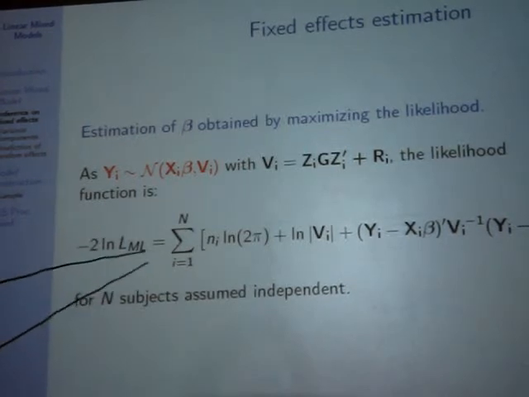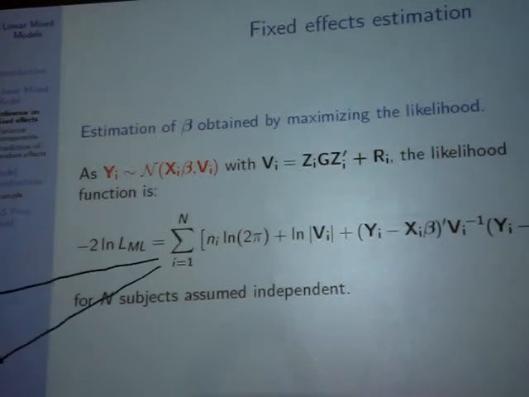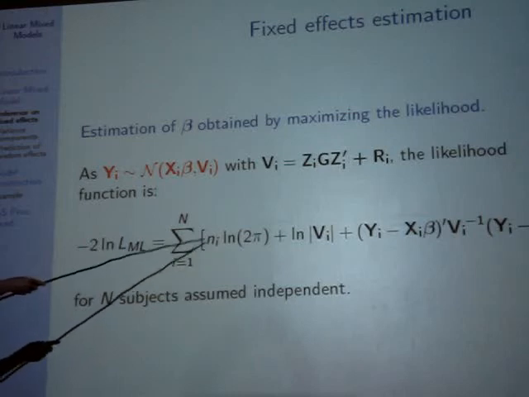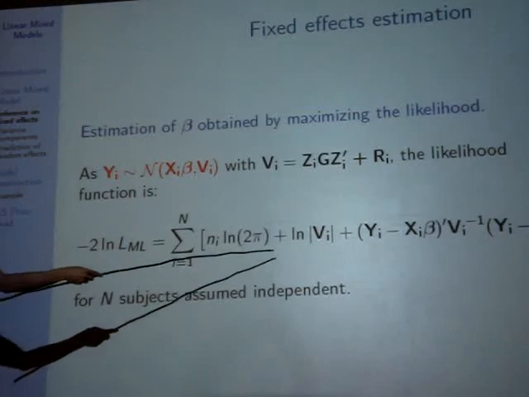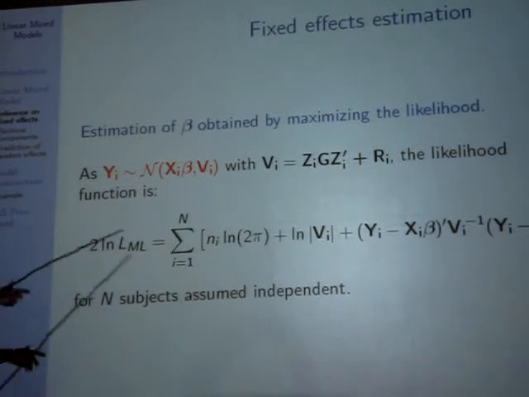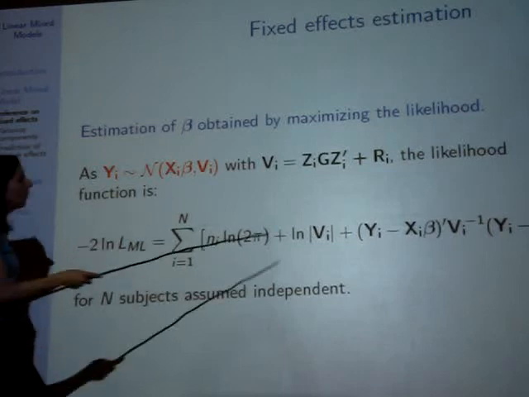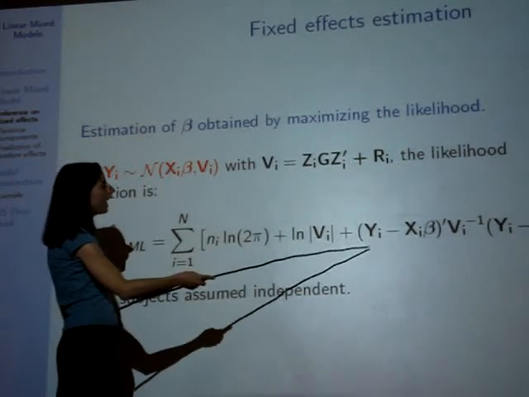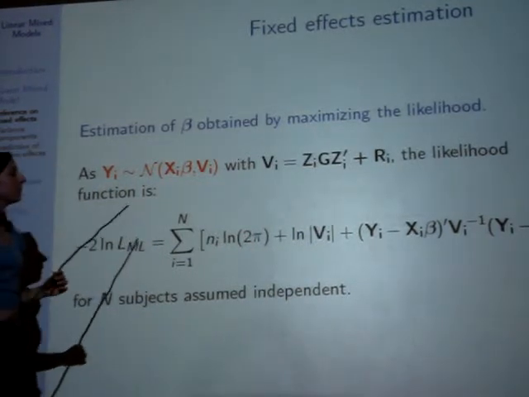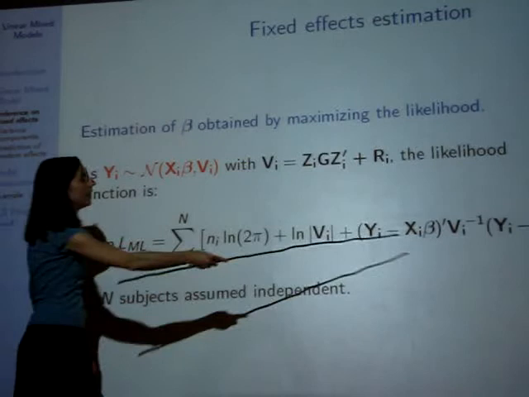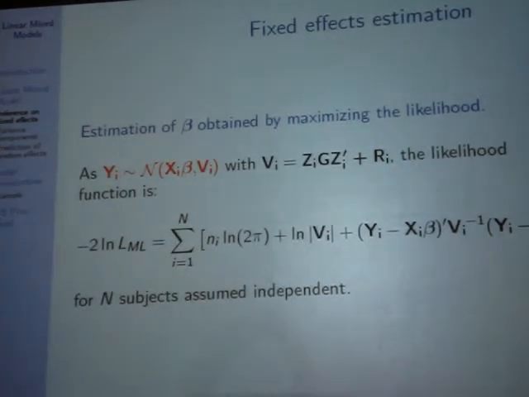If you assume that you have n subjects that are independent, it's the sum for i equal 1 to n of ni, the number of observations for individual i, times log of 2 pi, plus log of the determinant of the covariance matrix vi, plus the transpose of yi minus xi beta, multiplied by the inverse of the covariance matrix vi minus 1, multiplied by yi minus xi beta. So this is the likelihood.